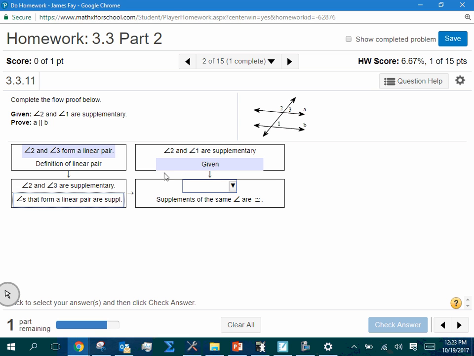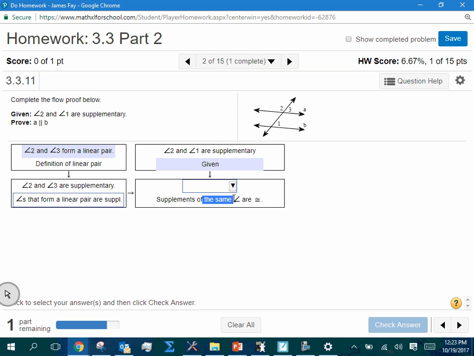Over here, with that given statement being supplementary, and this statement, you see this little arrow here in the middle. They're taking the statement we just developed and this statement here and combining them to come up with something new. Well, if 2 and 3 are supplementary, and 2 and 1 are supplementary, the common angle in there is angle 2, isn't it? So what does that tell you about 1 compared to 3?